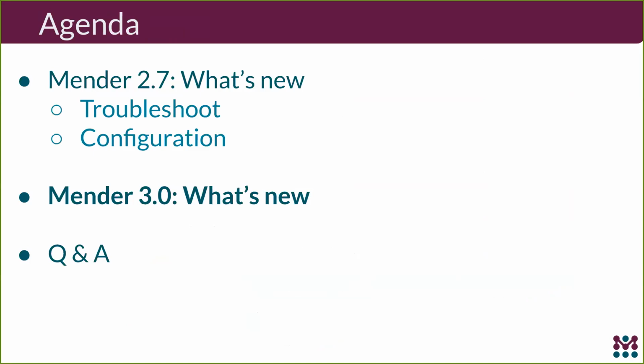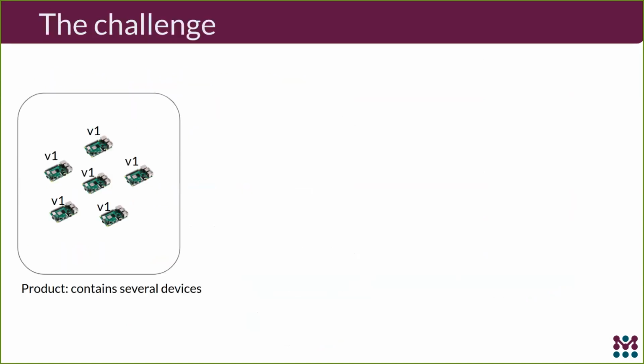Okay, so now we move on to Mender 3.0. This is actually going quite well with timing. So the main challenge that we're trying to address with Mender 3.0, I'll try to explain here in this slide. It's a scenario where you have a product and it can contain several devices.